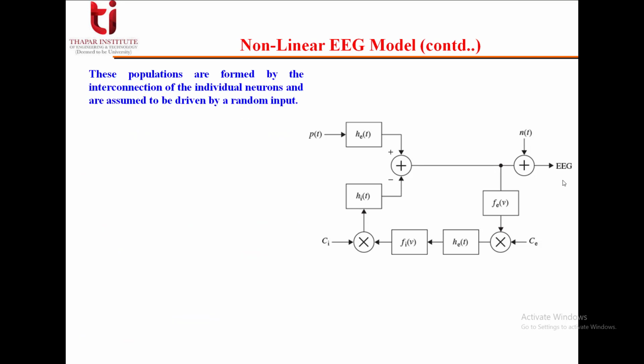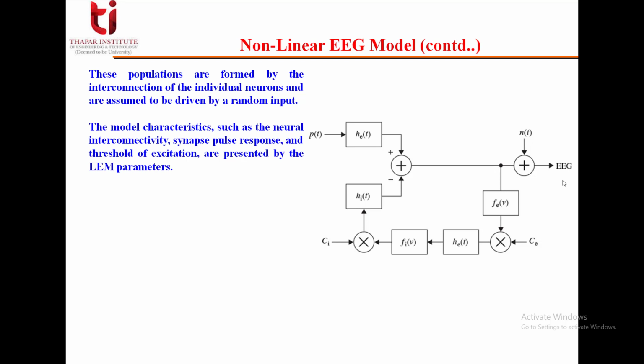These populations are formed by the interconnection of the individual neurons and are assumed to be driven by random input. So the model characteristics such as the neural interconnectivity, synapse pulse response, and threshold of excitation are represented by the LEM parameters. The changes in these parameters produce the relevant EEG rhythms.